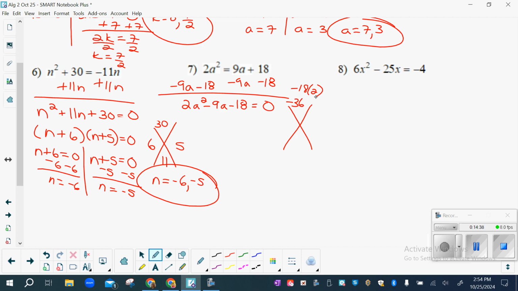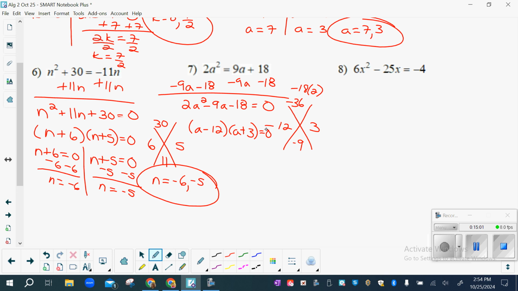So what numbers multiply to -36 that add up to -9? It's going to be -12 and 3. So a minus 12, a plus 3. What next?